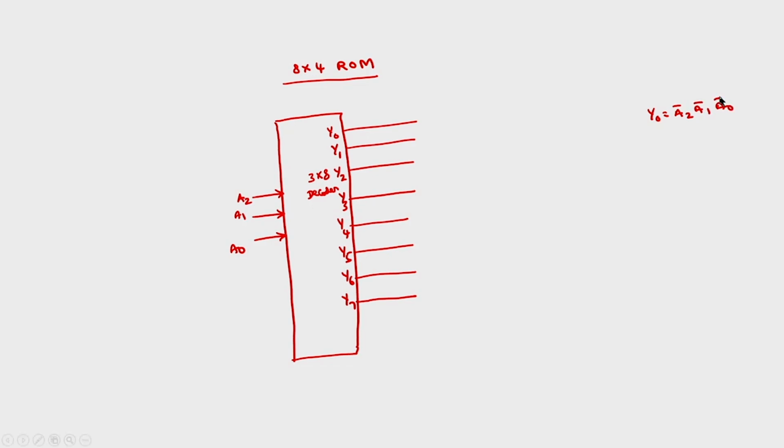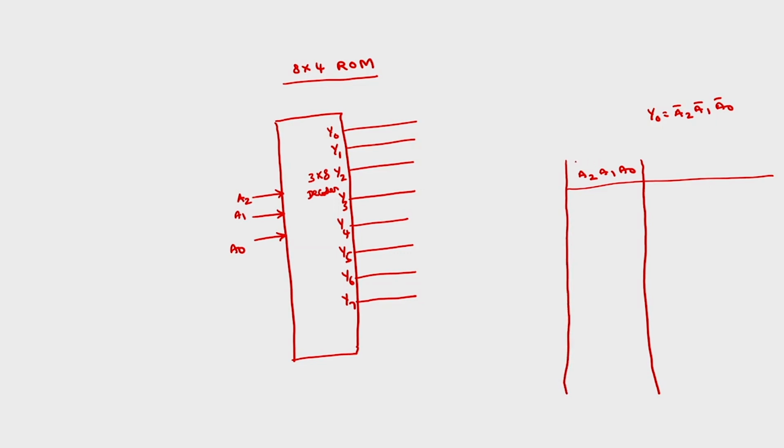Okay. Basically the decoder block diagram will be, if I take this A2, A1, A0, the truth table of the decoder, and output.